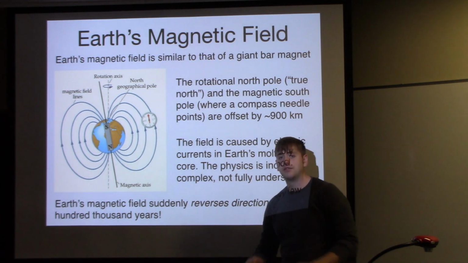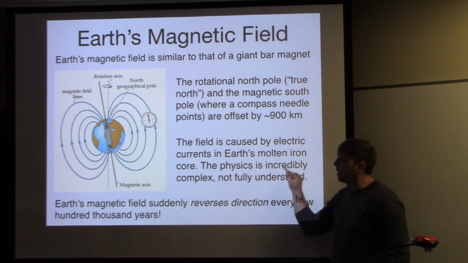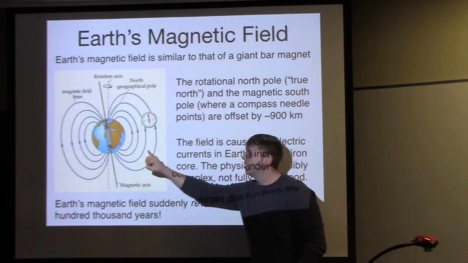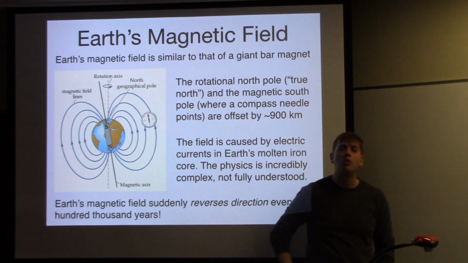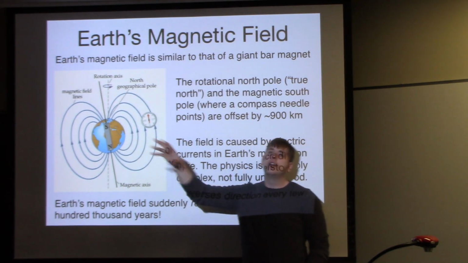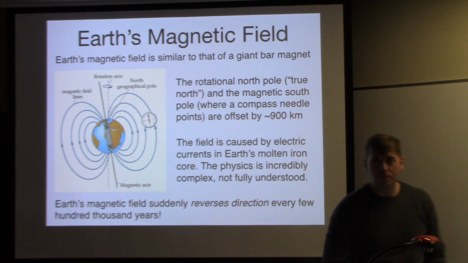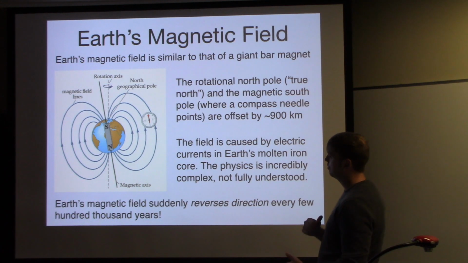Now, I've completely glossed over the details, and in fact, the exact mechanism for Earth's magnetic field is not fully understood. It's very complicated, and it's still an open question as to exactly how this molten iron in the core is producing the magnetic field, but that's roughly speaking how it works.